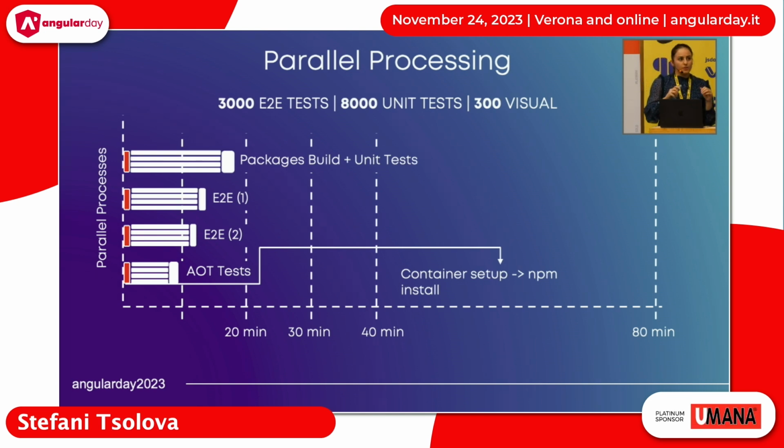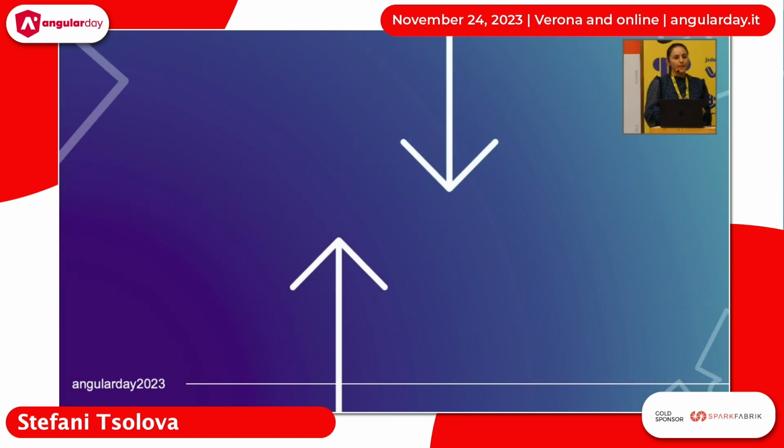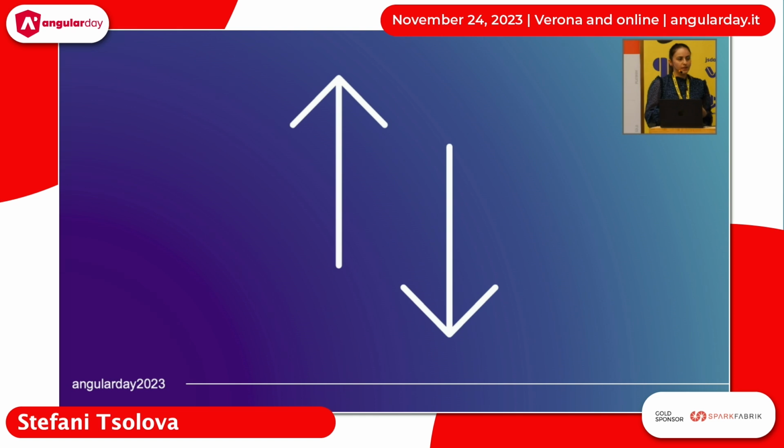Having figured that out, we came across collaboration conflicts. And yes, I mentioned earlier that collaboration was improved. However, it is a two-way street, and as much as it did get improved, it also started hindering our day-to-day work.